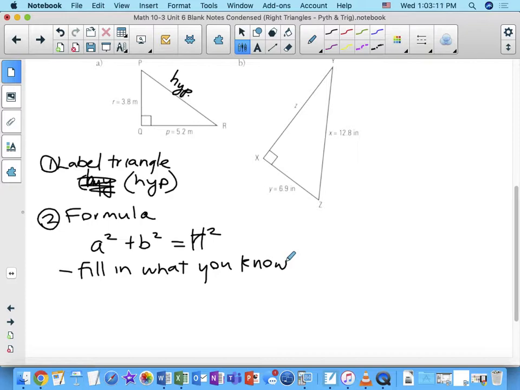So do we know A? Yep. And in fact, it doesn't matter which is which, so maybe I'll call this A and this B. Yep, so A, the way that I've labeled it, is 3.8. So I'm going to fill in A is 3.8, so this is 3.8 squared.